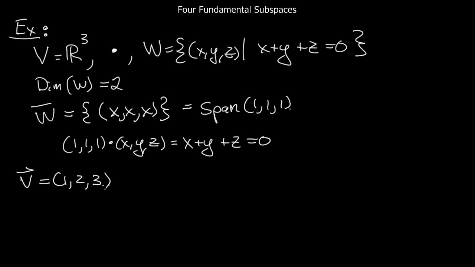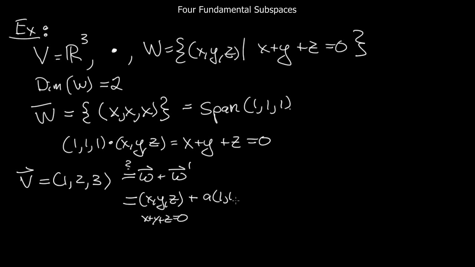And let's look at this decomposition. I have an arbitrary vector, say 1, 2, 3. I'm claiming I can write it as a vector in W plus a vector in W perp, which is to say a vector x, y, z where the sum of the coordinates is 0, plus another vector, which is some multiple of 1, 1, 1. Well, how do you do this?